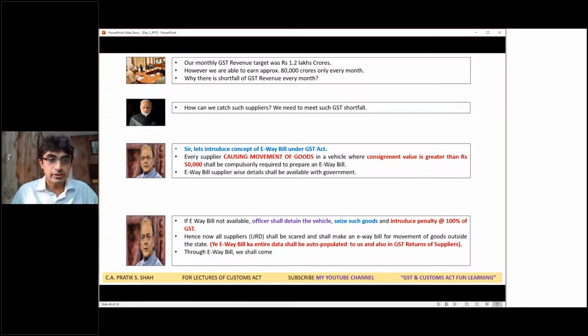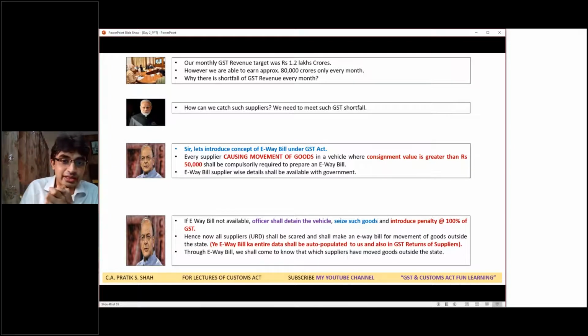Now through e-way bill, government can catch all the suppliers who are moving the goods, selling the goods, but not preparing tax invoices. All such fools will be caught. If you do not have an e-way bill and you are moving goods, the officer will take your vehicle. If you have an e-way bill, details will be auto-populated with government. So in any way, through e-way bill, you will be caught if you are doing fraud.